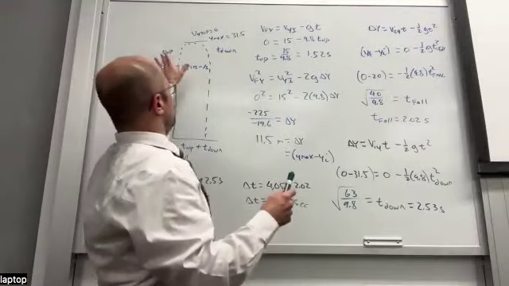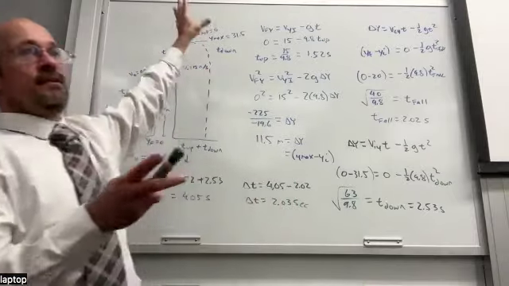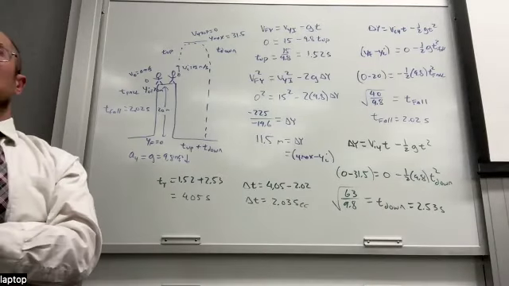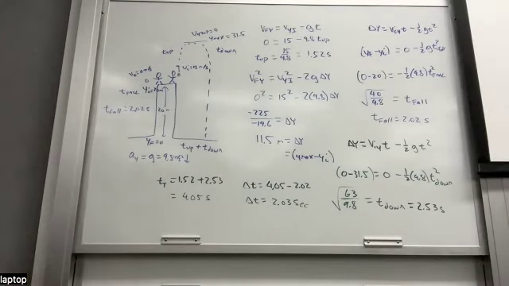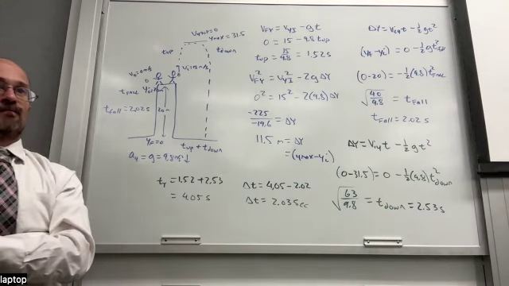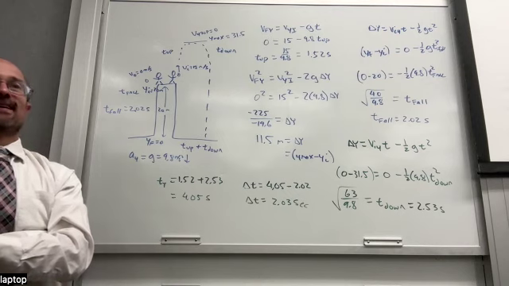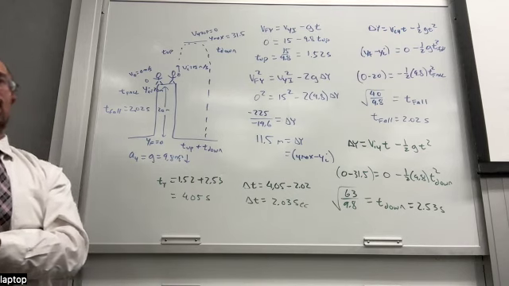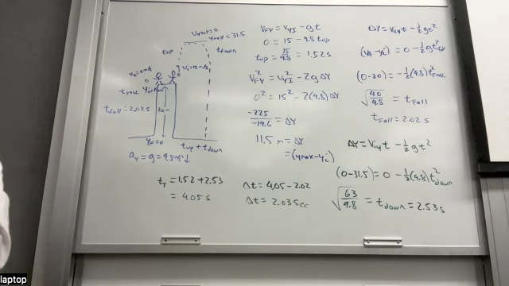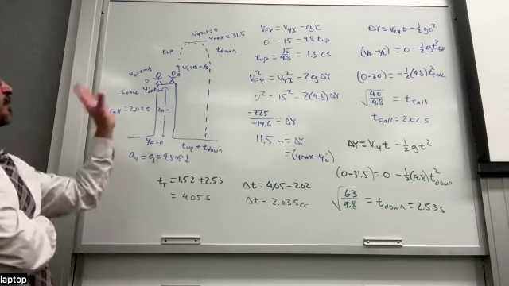But I always like to find T up and T down, because then at least you can find Y max. It cuts out the quadratic, unless you really like the quadratic equation. So then would you recommend using the same equations for each type of this problem? Yes. Find T up, T down, and add them up for the total time, whether you're using projectile motion or any type of problem like this.